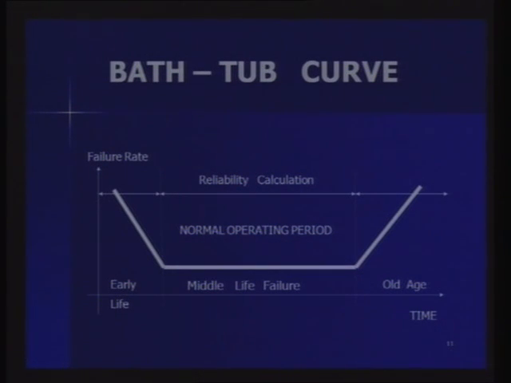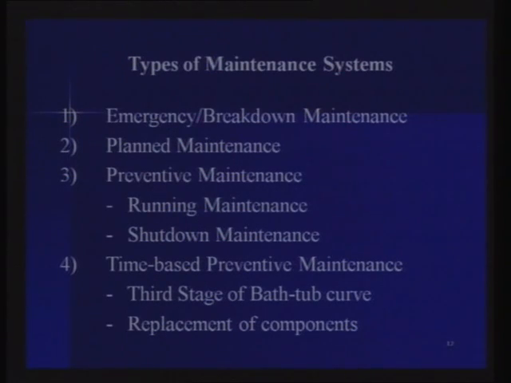That is, the constant failure rate is over and gradually the failure rate is increasing. At this stage, the whole purpose is how long we can use this equipment through modification, through design changes, through preventive maintenance. That we call this third stage, and then replacement of the equipment, replacement of the components.